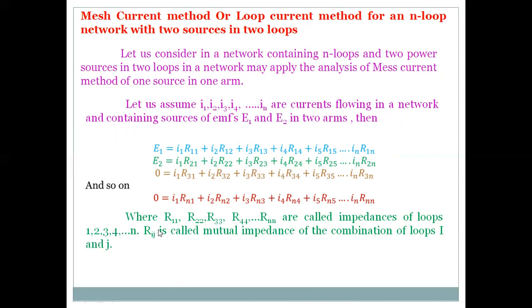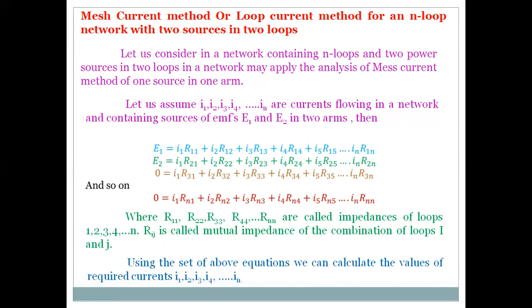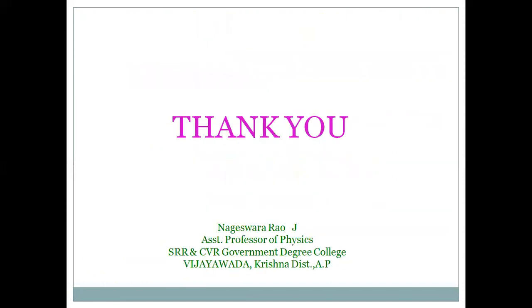For example, Rij is the mutual impedance of the two meshes i and j. So this is the method to apply the mesh current method for n loops also. The solutions of the above equations give the values of the required currents I1, I2, I3, I4, and so on, IN. Thank you.